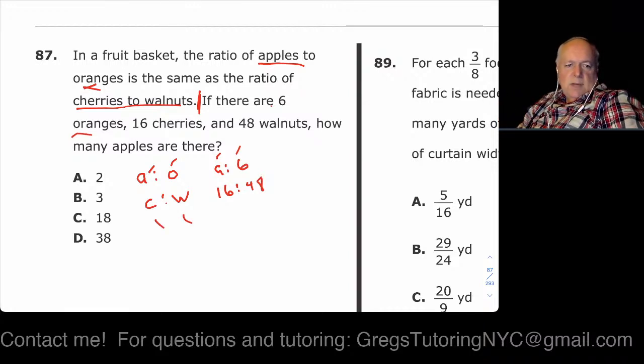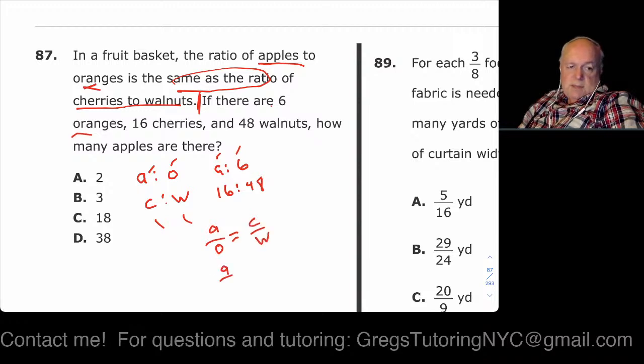So we can set this up as a proportion. There's 2 ways to do this. Basically, since it's saying it's the same ratio, we could have done something like this. A is to O as cherries is to walnuts. So that means we could write A is to 6 as 16 is to 48.